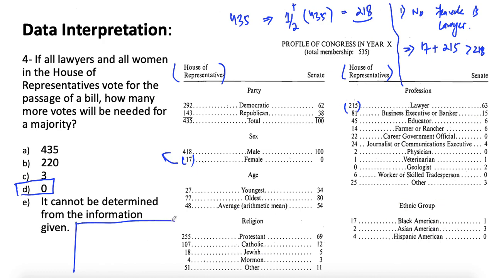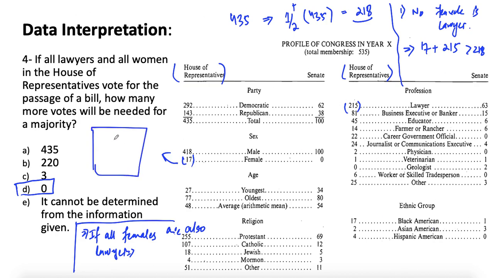Now let's talk about the second scenario, which is if all females are also lawyers. So this is a Venn diagram question in which this circle represents the lawyers, and inside it are our females, which are 17 females.